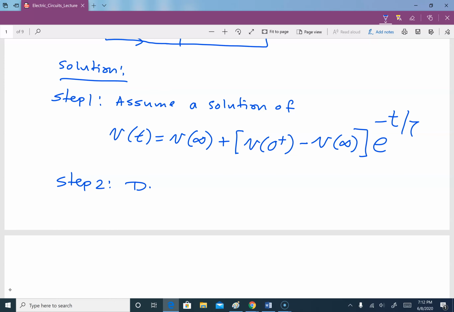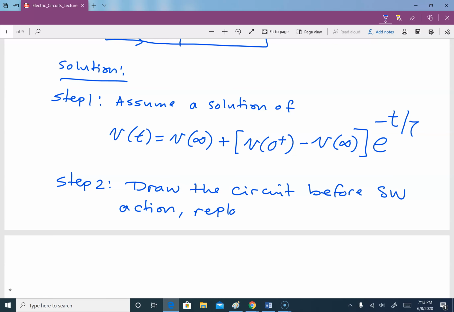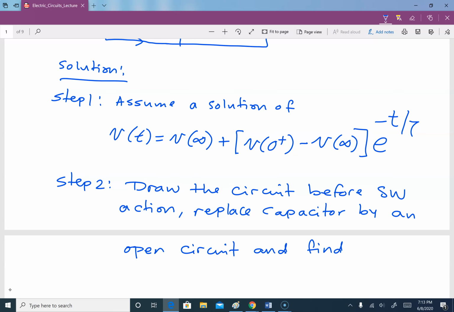Step 2, draw the circuit before switch action. Replace capacitor by an open circuit and find VC of 0 minus.